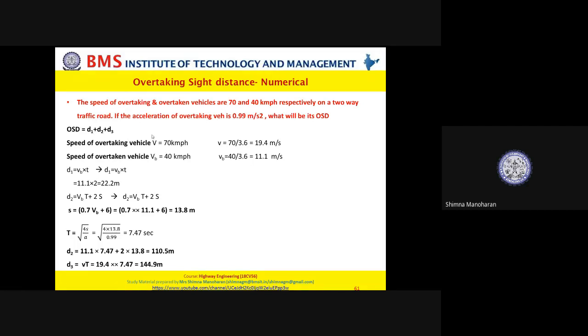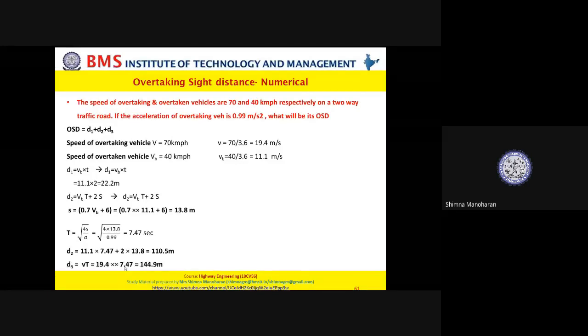Here the V should be 70 kmph. Convert to meter per second, you get 19.4 into time. Here the time should be the time taken for overtaking. So compute now D3. 144.91. Good, Sridhar.